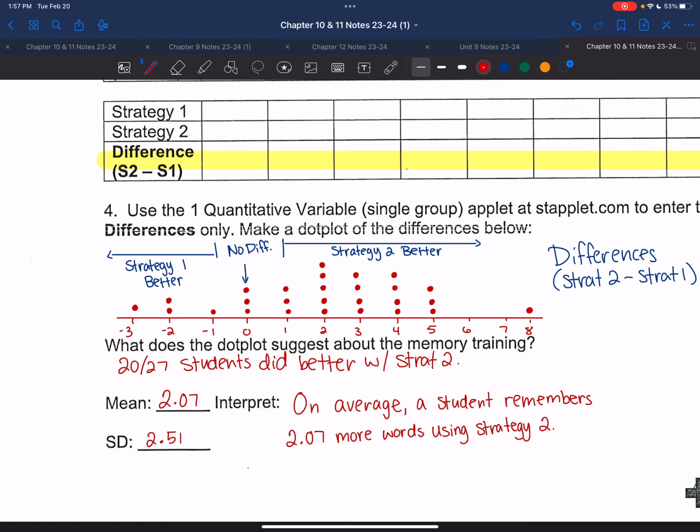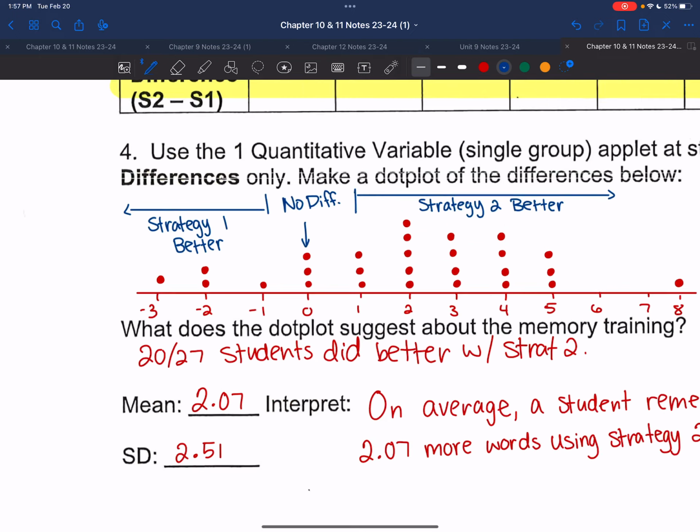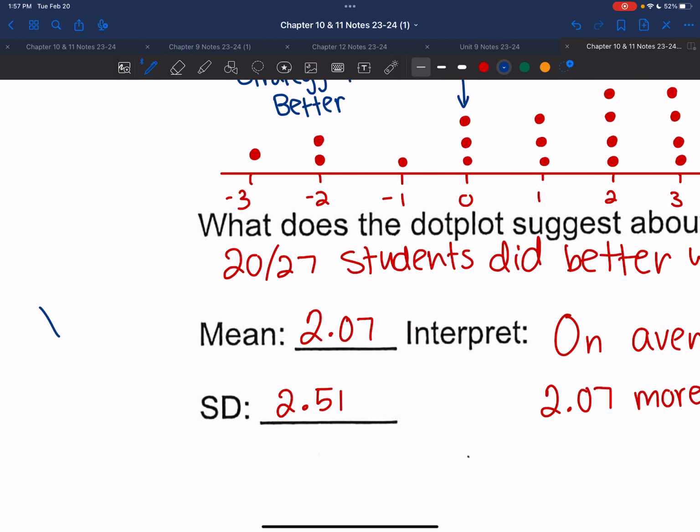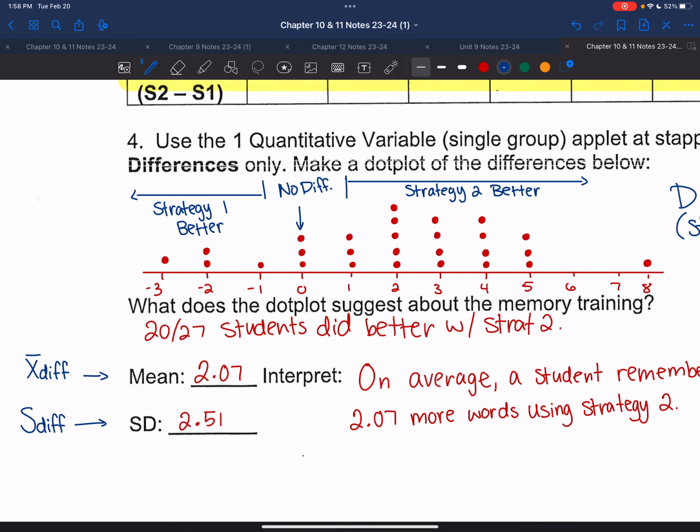Now, we're doing two strategies for each student: strategy 1, strategy 2, and we're looking at the differences. So this data is paired to one student. We have two pieces of data paired to one student. So this mean has a name. We usually use x-bar for sample mean, but this one is called x-bar diff. Same with the standard deviation. This is s diff. So when you have paired data like this, we're looking at mean diff and standard deviation diff.